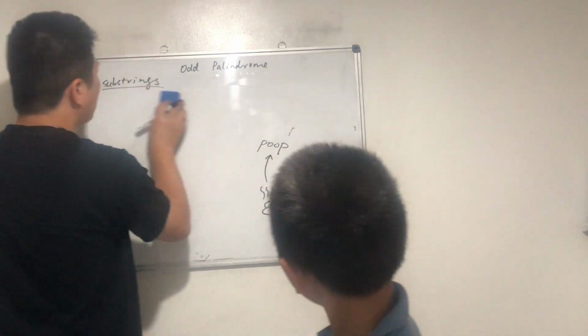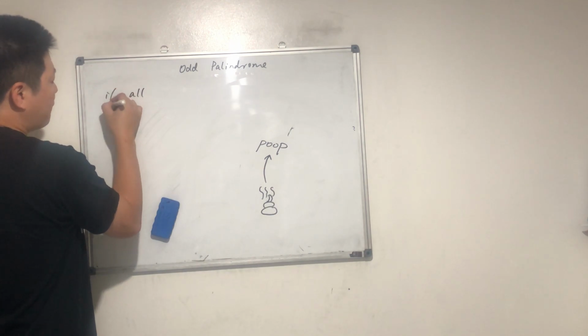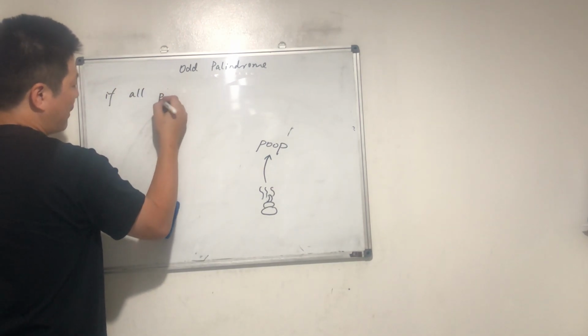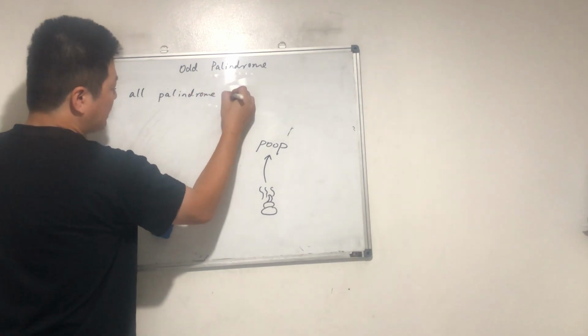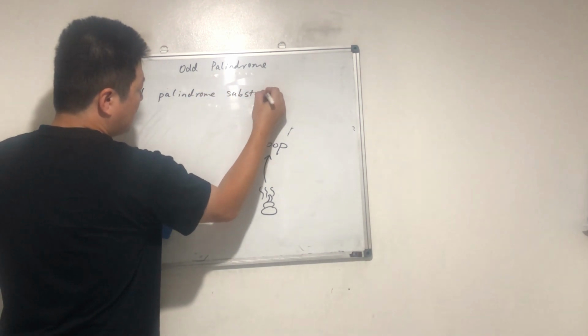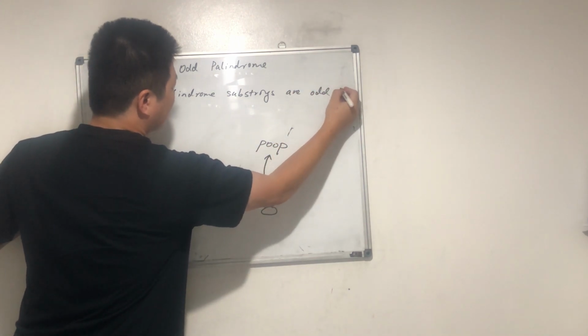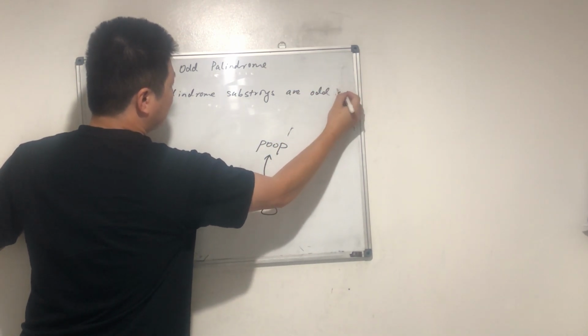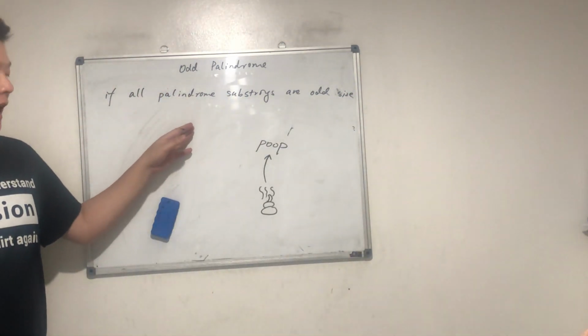So given a string, we want to check if all palindrome substrings are odd size. It doesn't mean that there can't be any palindrome that are even size.